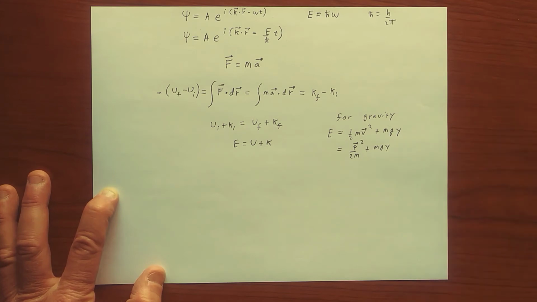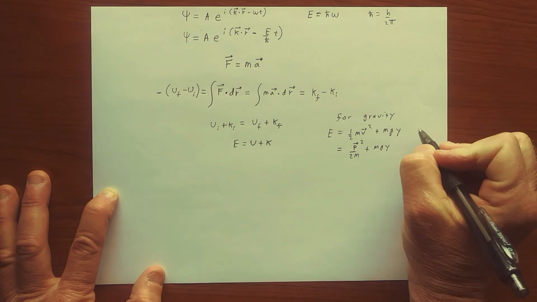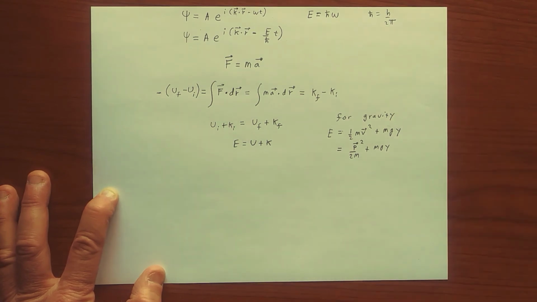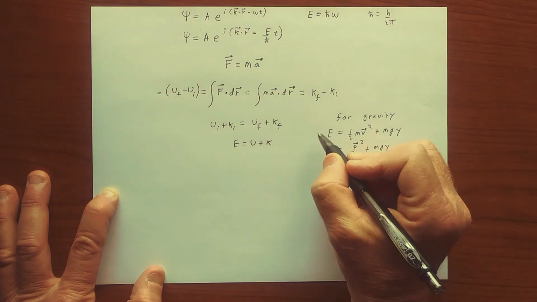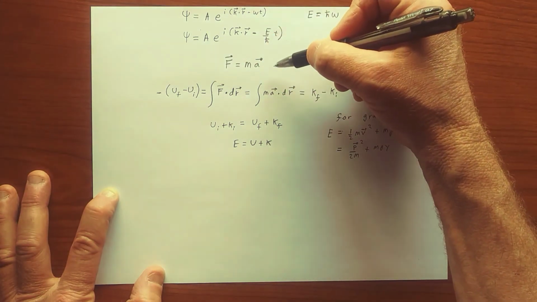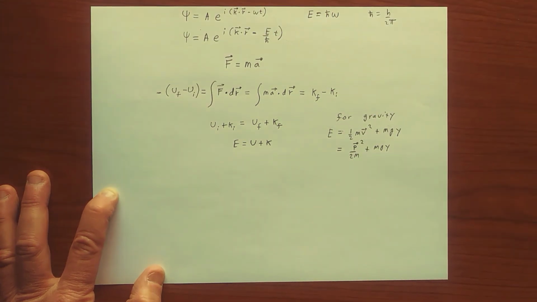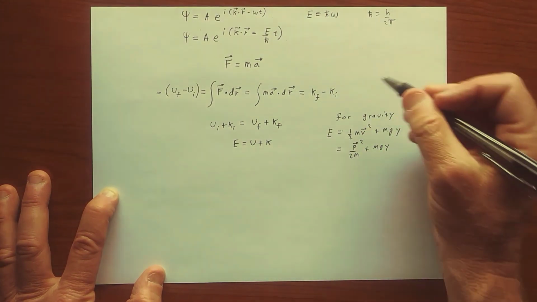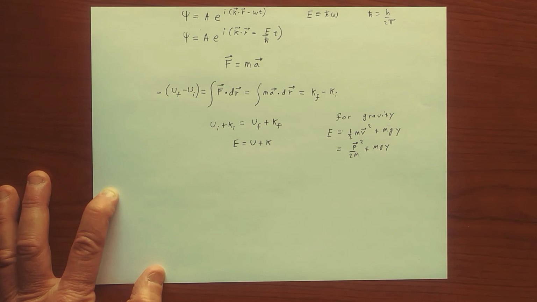If we want to know the speed with which it hits the floor, then we have a 1/2 mv squared term there and no mgy, because y would be 0 for the floor. So using energy conservation, as opposed to going through F equals ma, which would force kinematic equations, we can get our answers to the dynamics of an object that obeys that energy conservation equation.